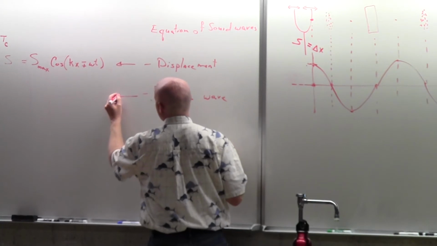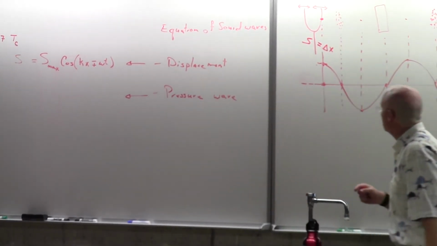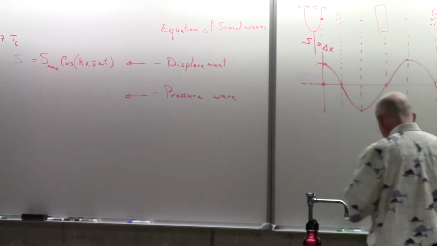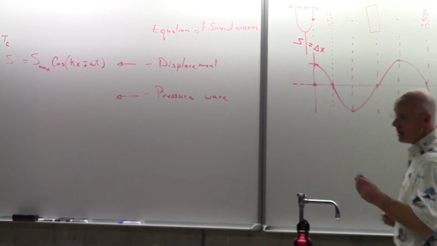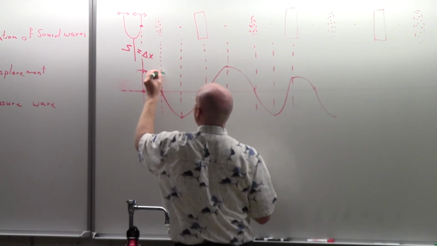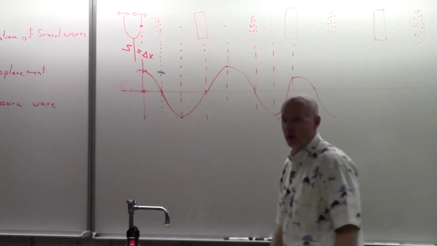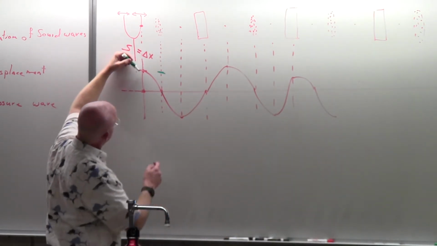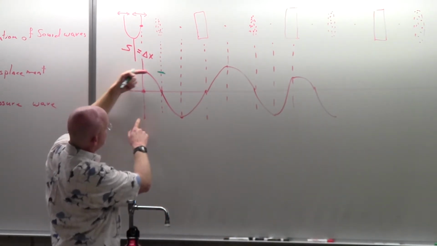On the other hand, we could describe this wave not in the position of the molecules, but more the concentration of the molecules. We could describe this as a pressure wave. So when we do that, I'll change to green here, you can hopefully see right here we have a lot of pressure. We have a lot of pressure because these molecules were sent that way.